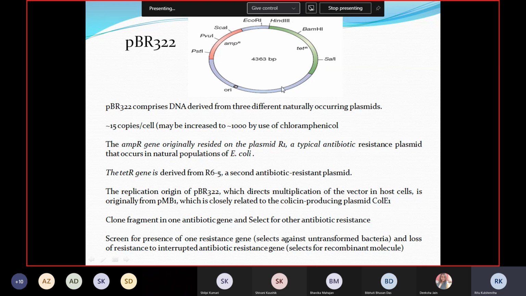Now consider a situation in which the cloning has taken place and I have a recombinant plasmid where inside this BamHI site I have my gene of interest. Because my gene of interest is cloned here, the tetracycline resistance gene will be interrupted. So my bacteria will be resistant to ampicillin, but it will die in presence of tetracycline.